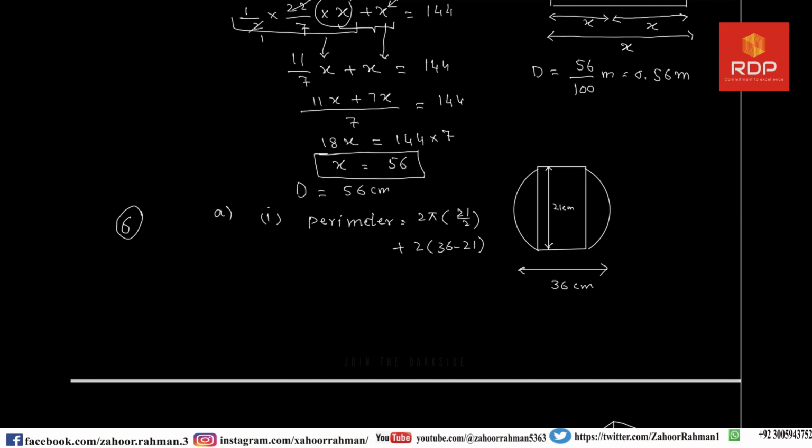Now let us talk about this. Now you have to understand that perimeter is the outer lines of this, not any internal line. So perimeter is the external length of the shape.